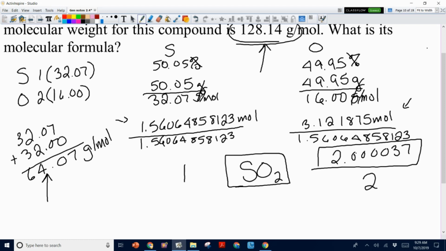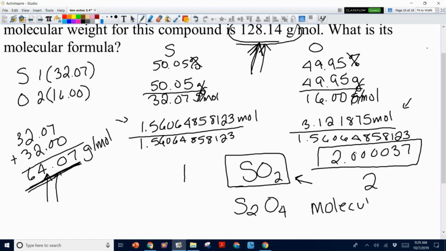So the molecular formula is twice the empirical formula. So if this is the empirical formula, and we know that the molar mass is twice the empirical mass, then all we have to do is double the number of atoms. So it's S2O4 is the molecular formula.